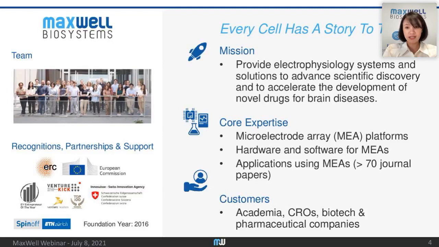And our core expertise in the company is to develop microelectrode array platforms, both from the hardware perspective and also the software, and also data analysis. And we are experts in the applications of such high-density microelectrode arrays, and we have more than 70 journal papers using the system. So for our customers, we have labs from academic institutes, from contract research organizations, biotech, and also pharmaceutical companies.